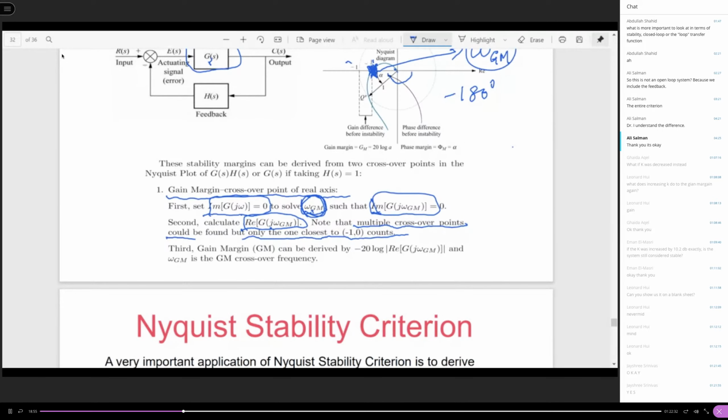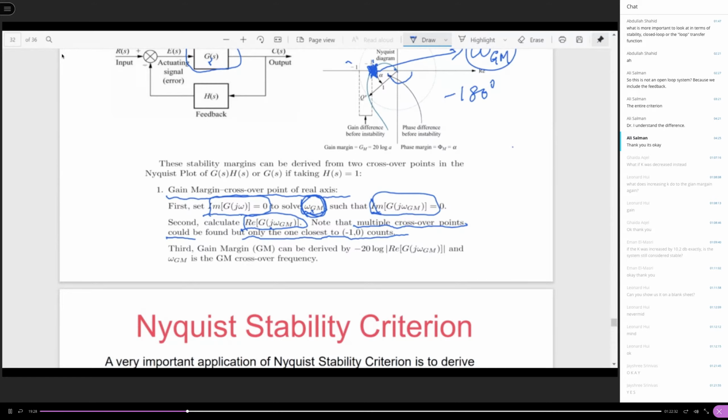The point is that if you cannot make the closest point cross the -1, 0 point, how can you make the crossover on the right-hand side cross it? It is not possible.